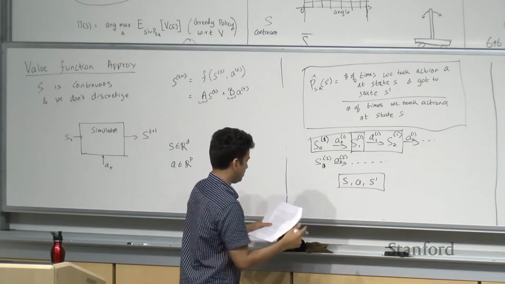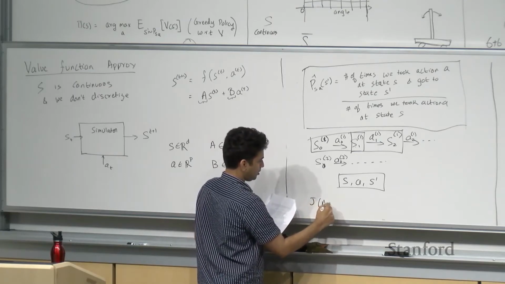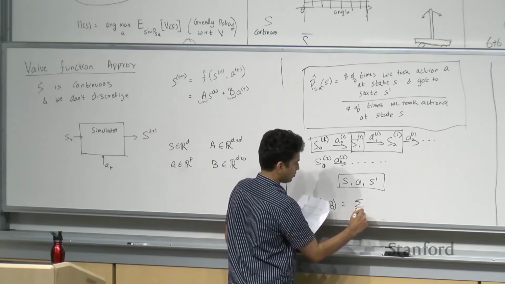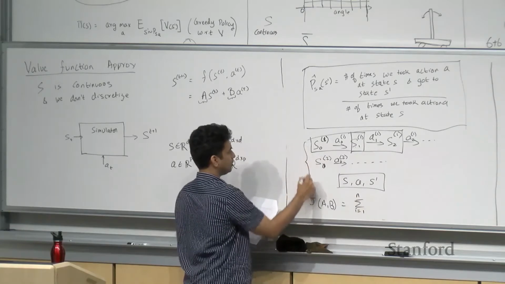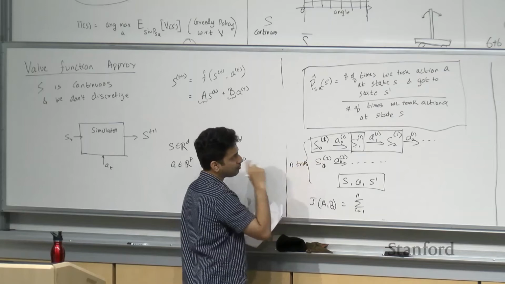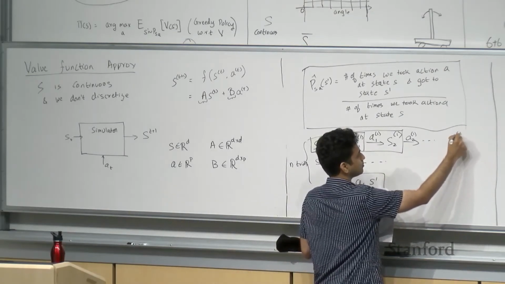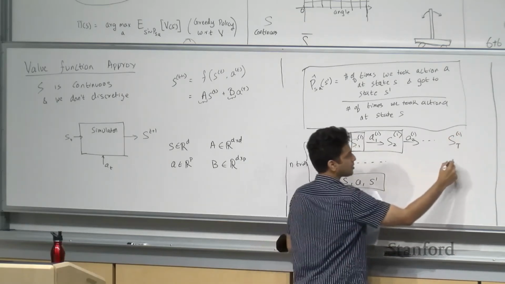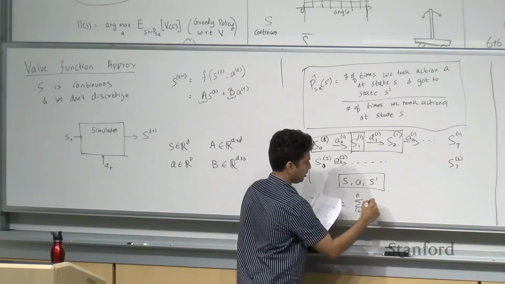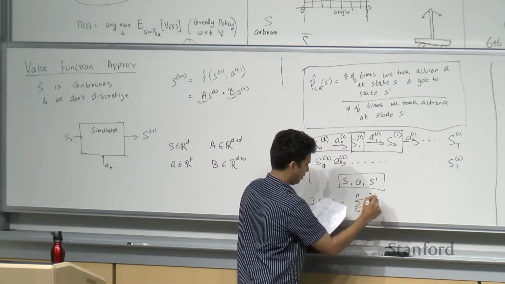Then define a loss function J(A, B) equal to the sum over i equals 1 to n, assuming we do n trials, and just to make the math simple, assuming we terminate all of them after T time steps, with t equals 0 to T minus 1.